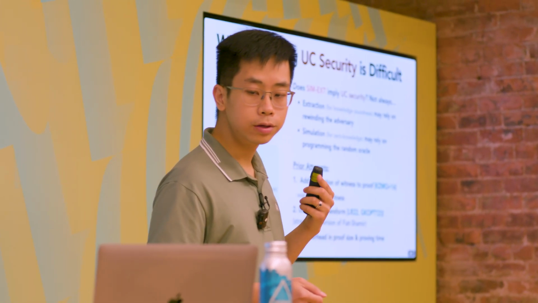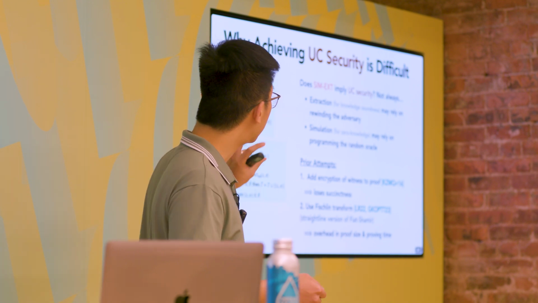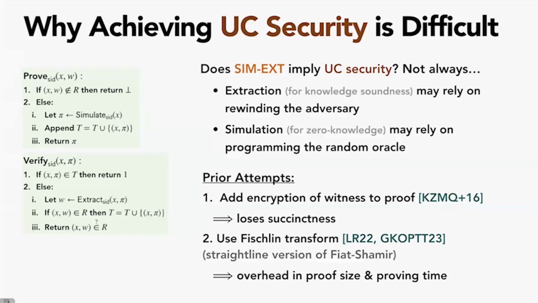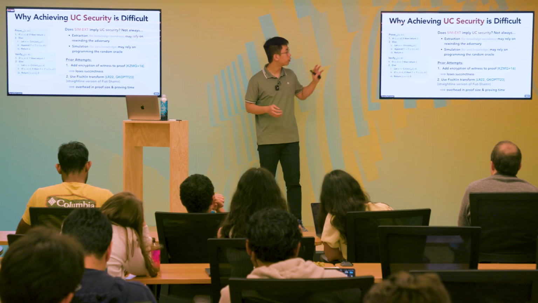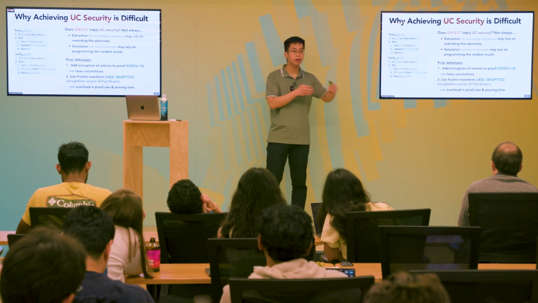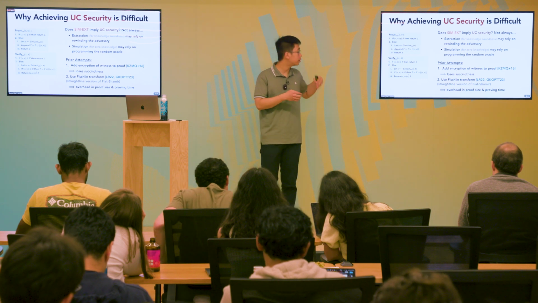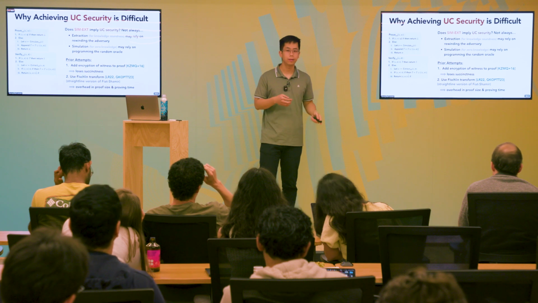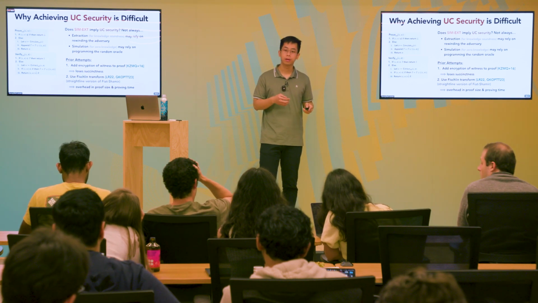Secondly, what you can do is use this so-called Fischlin transform, which is a straight line version of Fiat-Shamir. With Fiat-Shamir, usually you can only establish security through rewinding. But with Fischlin, you can actually get a straight line proof, straight line extraction. But the cost to that is that you have an overhead in the proof size and in the proving time. Yeah. There are a lot of straight line extractors for SNARKs that use Fiat-Shamir, if you can watch the random oracle queries. Yes.